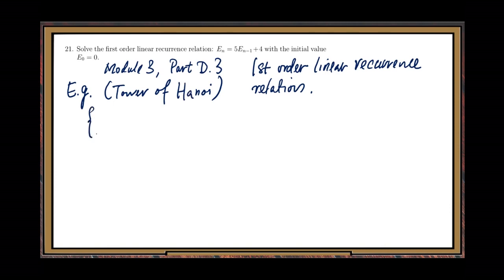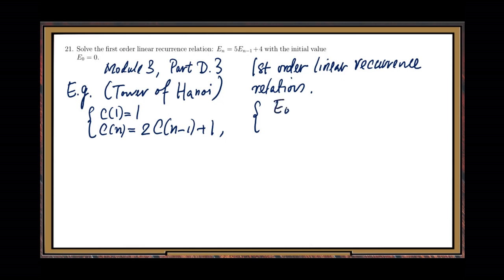The recurrence relation we worked on there was C of 1 equals 1, and C of m equals 2 times C of m minus 1 plus 1. And here, although the coefficients of the recurrence relations are different, you can see the structure is very close.